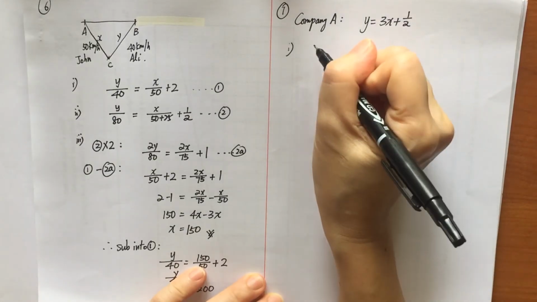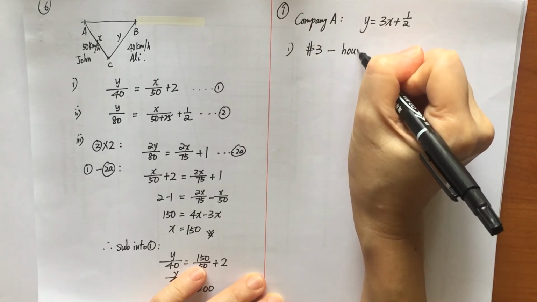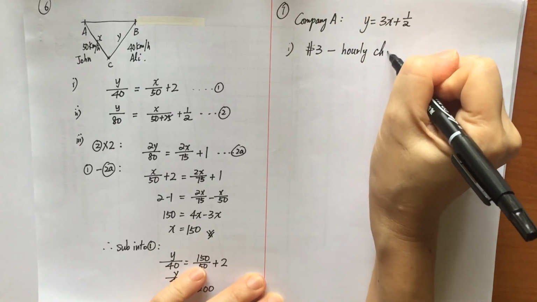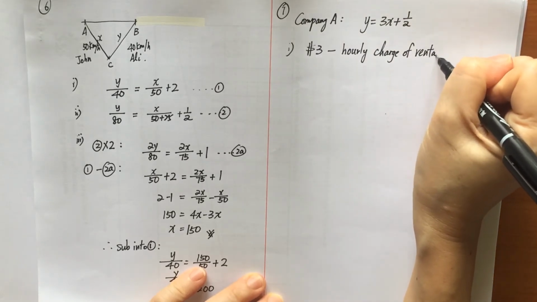So we can say that this $3 is actually the hourly charge, the hourly charge of rental of bicycle.